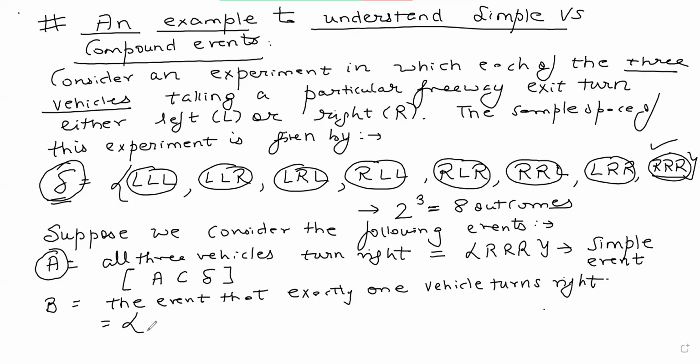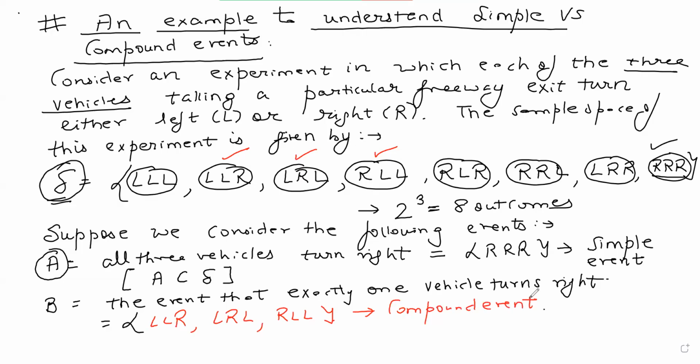This case, LLR. This case, LRL. And this case, RLL. These are the only three cases where exactly one of the vehicles turns right. You can clearly see that it's a compound event.